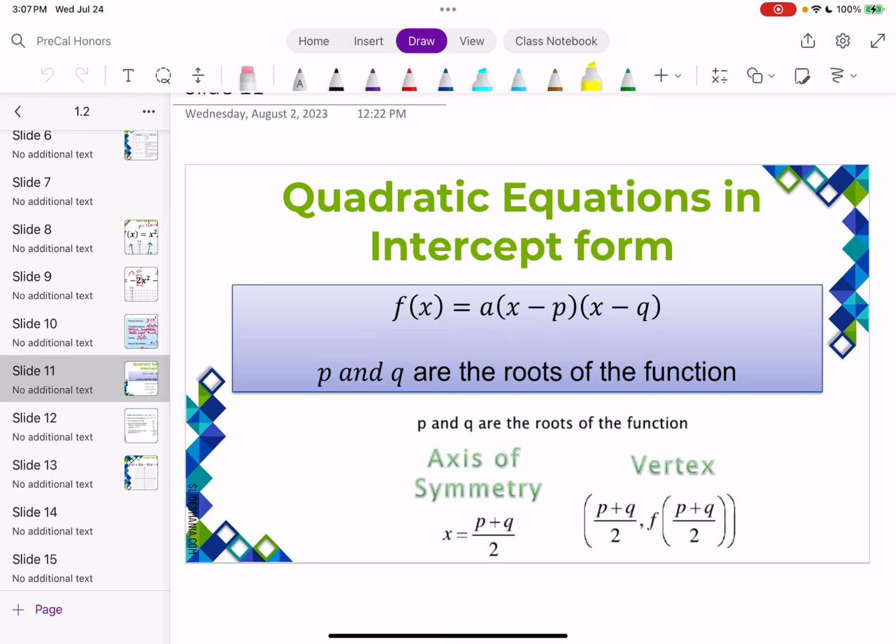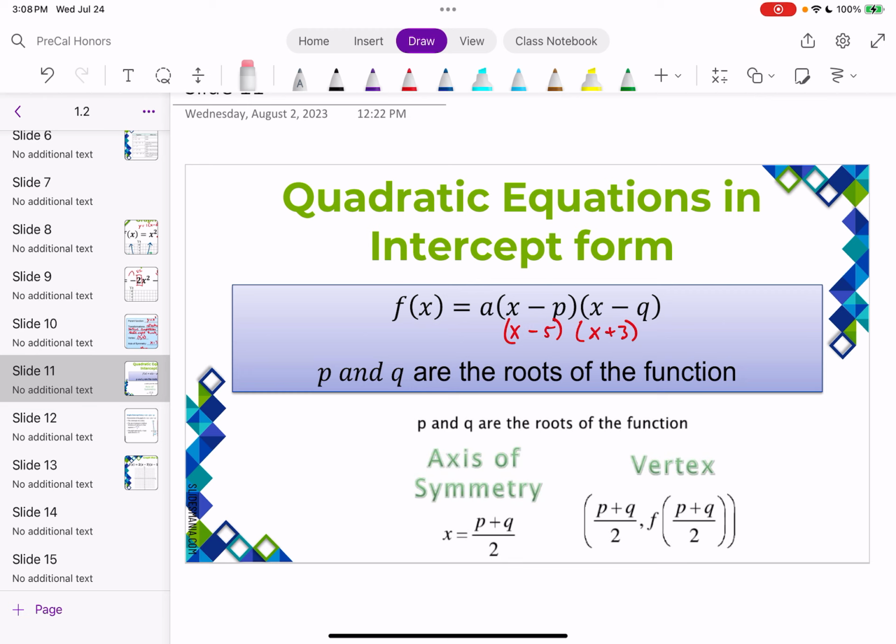So we're going to go ahead and prepare a quick example of this problem. We go ahead and say that this is going to be x minus p, so x minus 5, and this would be x plus 3.